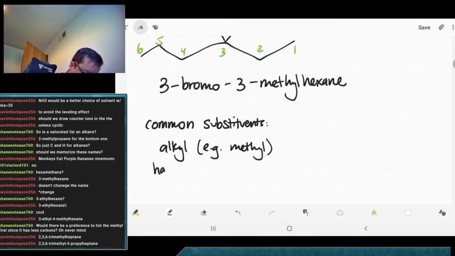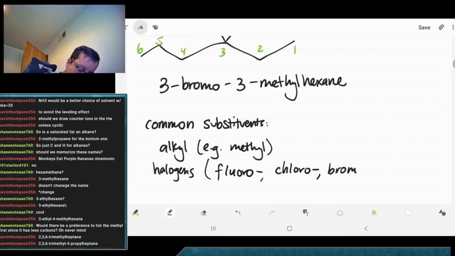You'll have halogens, which will take the names fluoro, chloro, bromo, or iodo. Those will be their prefix names. What other things can I give you that are not going to cause the end to change?